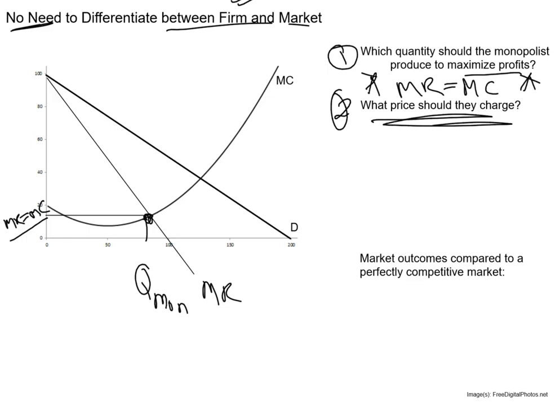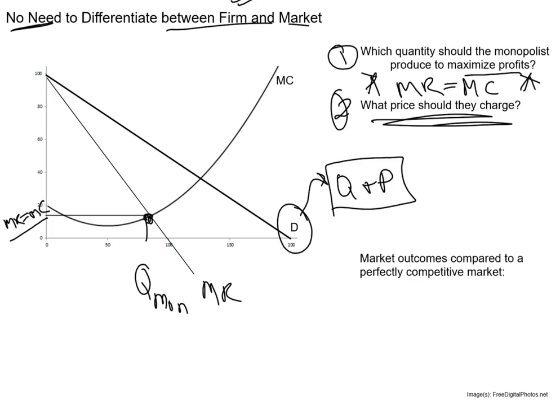I have three curves on this graph: marginal revenue, marginal cost, and the demand curve. If you recall, the demand curve tells you, for given quantities, what the price is. The demand curve tells you all the different combinations of prices and quantity.